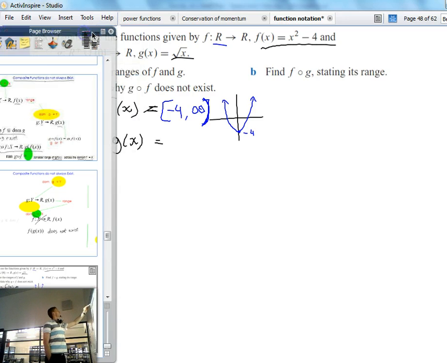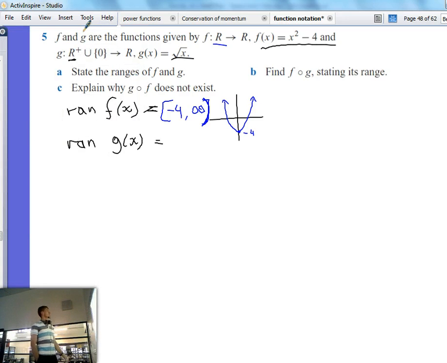We're trying to find our range of g of x. The domain of g of x, as you can see, is all positive real numbers, including zero. If we think about that on a small Cartesian plane graph, g of x is the square root of x, and I know that function behaves in that way.